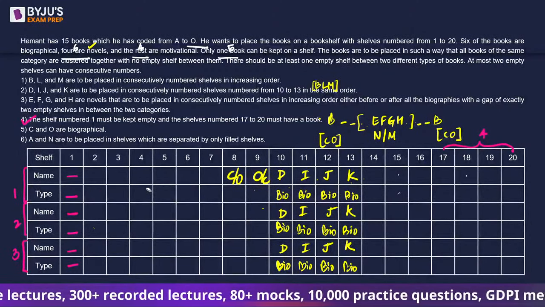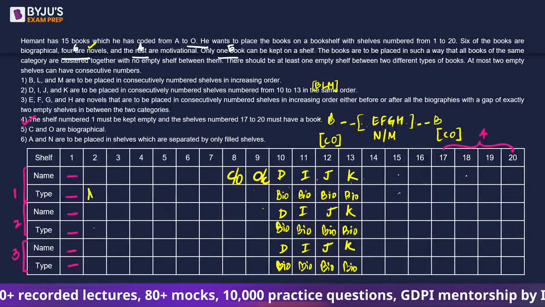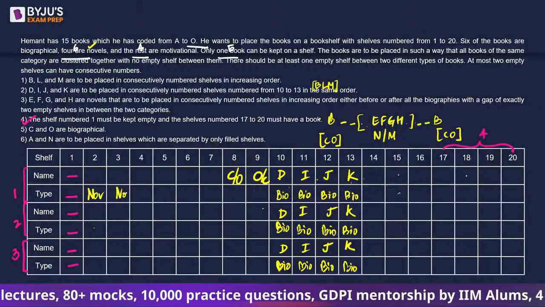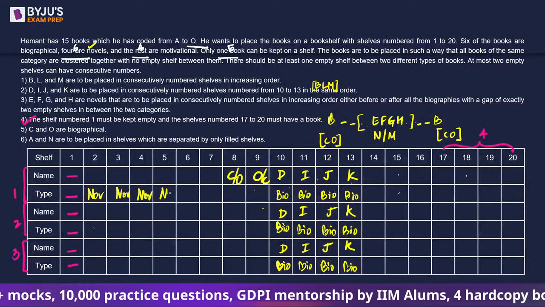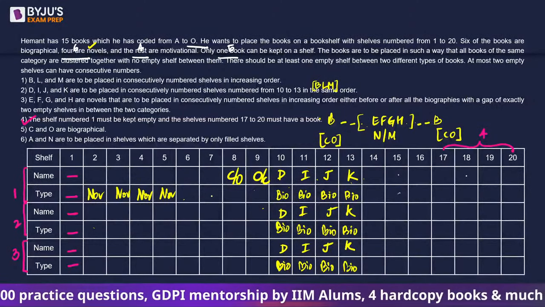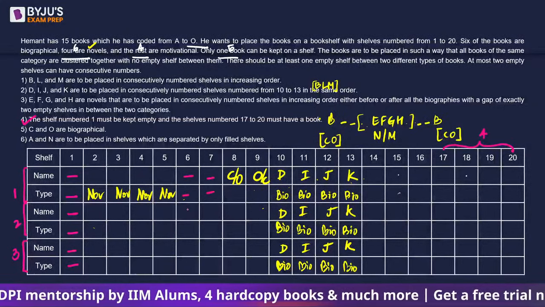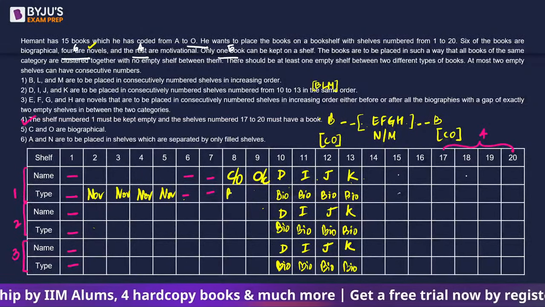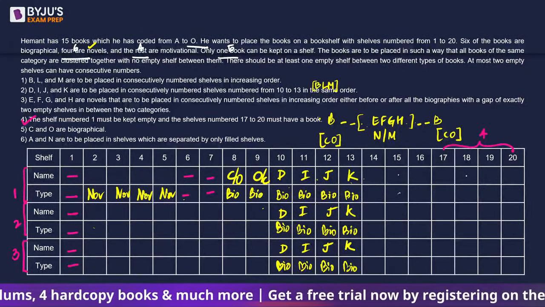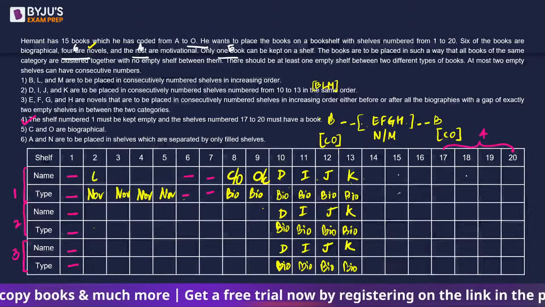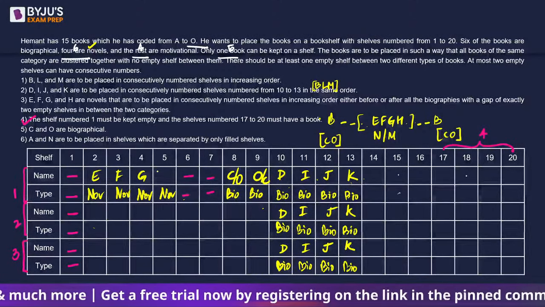So let's write down this case. So these are novels, 4 of them. There are 2 blank spaces between them. These 2 turn out to be biography. And these novels are going to be obviously EFGH.